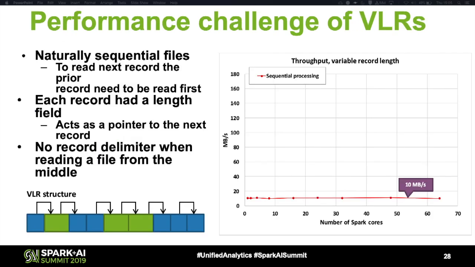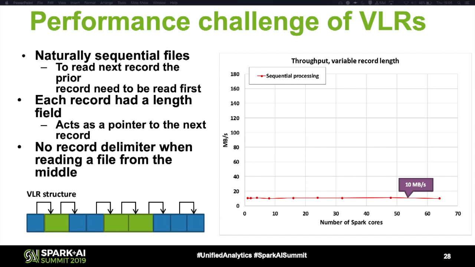So speaking about performance, remember that we looked at this hierarchical file, copied to HDFS from a mainframe, and we saw that it's naturally sequential. Each record contains a header specifying the record size, so you can read the first record, second record, and so forth, as long as you have read the previous record.